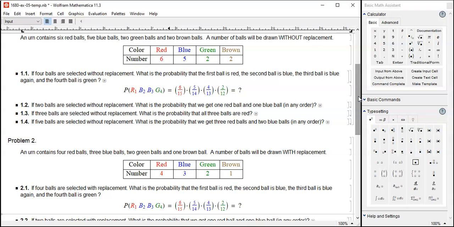Get the color and then put the ball back in and then reshuffle it. So the total number of balls will stay at 15 all the time, and the color distribution will remain the same. So the second draw is totally unrelated or independent from the first draw, and the third draw is completely independent from the first 2 draws and so on.